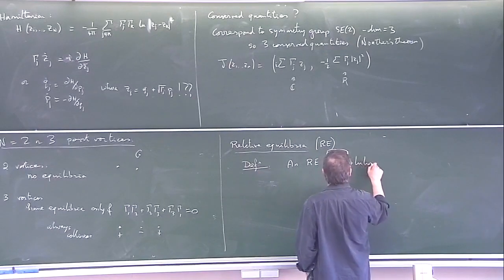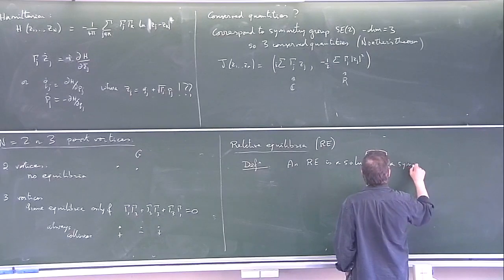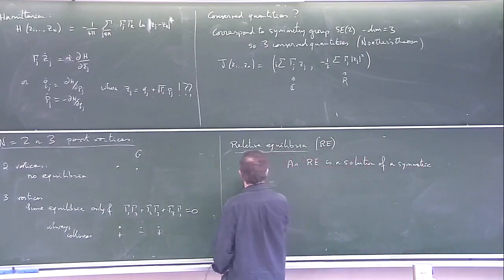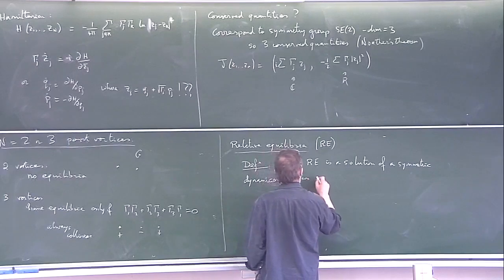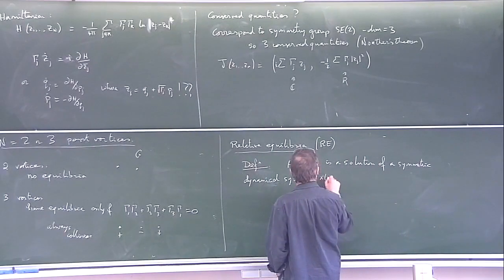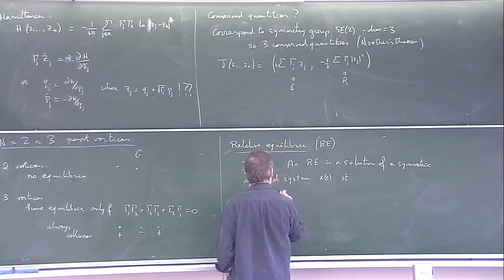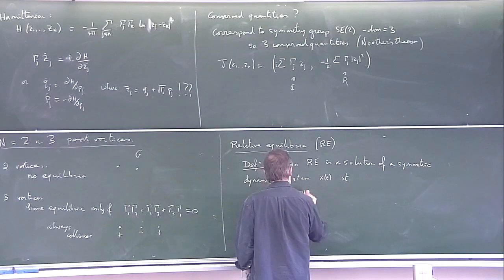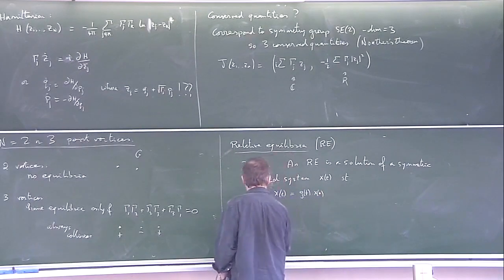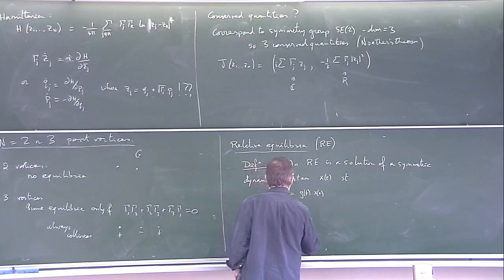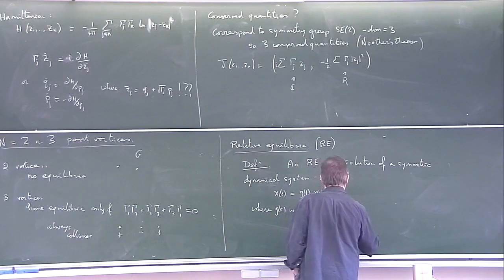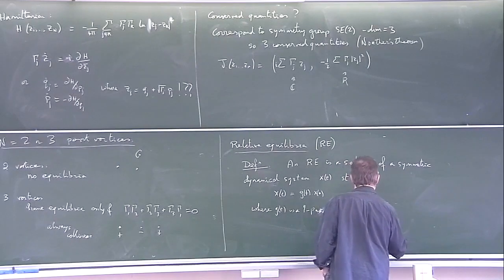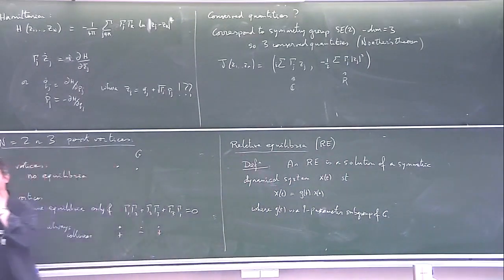And an RE is a solution of a symmetric dynamical system, let's call it x of t, such that x of t is g of t, x of naught, where g of t is a one-parameter subgroup of G, of the group. So that's the general definition of relative equilibrium.